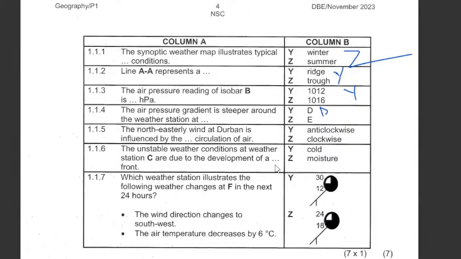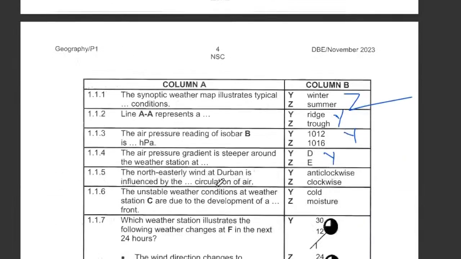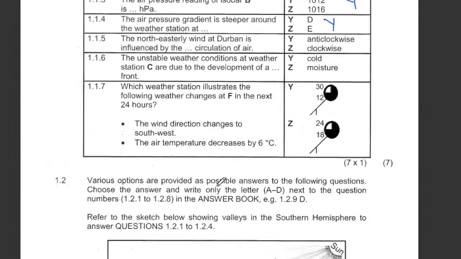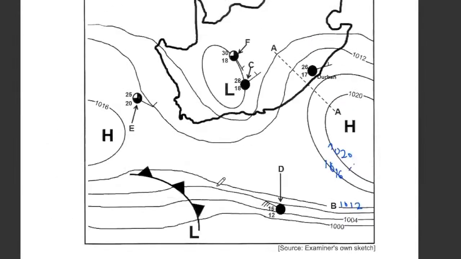And D is for Y. Okay. D becomes the answer, the answer here is Y. Then you go, the northeasterly winds at Durban. It's influenced by dry saturation. Let's go to Durban.